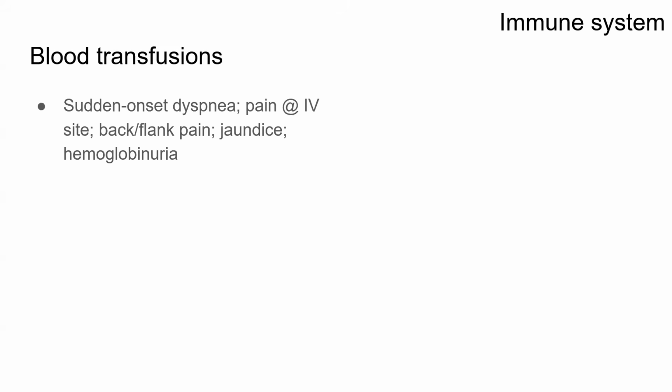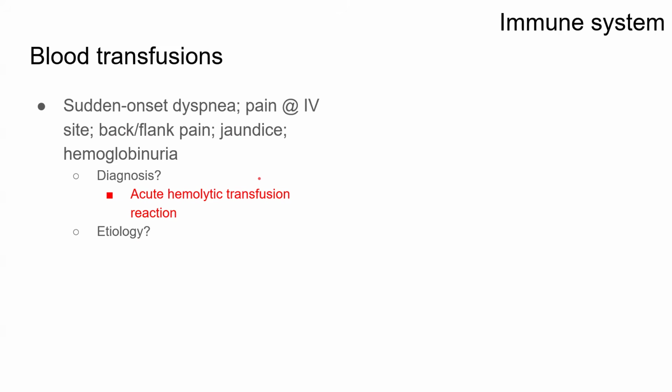Let's say, for example, there's a patient that has a blood transfusion and develops sudden onset shortness of breath, pain at the IV site, complains of back or flank pain, has jaundice, and then has dark urine, or hemoglobinuria on urinalysis. So you'll need to know the diagnosis of what this is, which is an acute hemolytic transfusion reaction, right? Sudden onset hemolytic because jaundice and hemoglobinuria, and then it's a transfusion reaction.